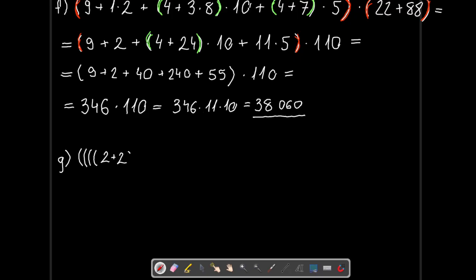We have 2 plus 2 times 2 plus 2 times 2 plus 2 plus 2 times 2 plus 2 times 2. So we have a lot of brackets and a lot of 2's.